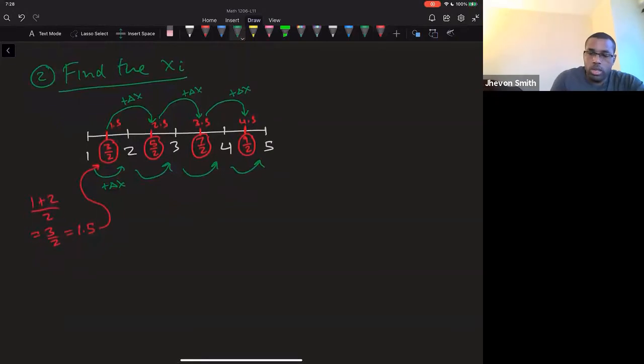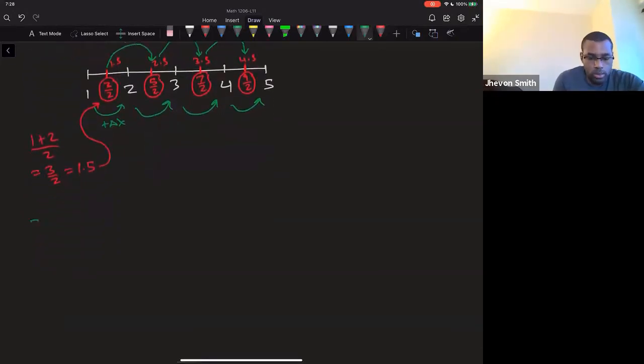Which leads you to the third step, which is going to be to set up and evaluate the Riemann sum.